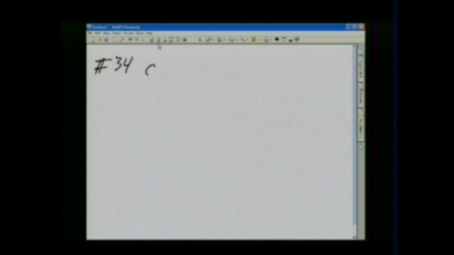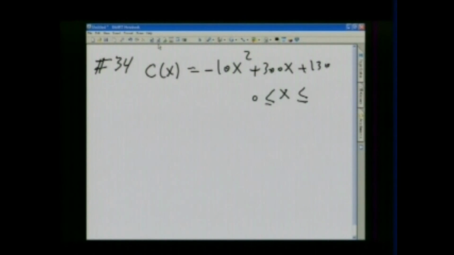C of x is given as minus 10x squared plus 300x plus 130 for x greater than or equal to 0, less than or equal to 15, as x is the number of surfboards.